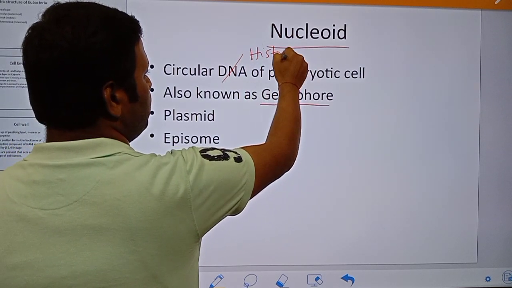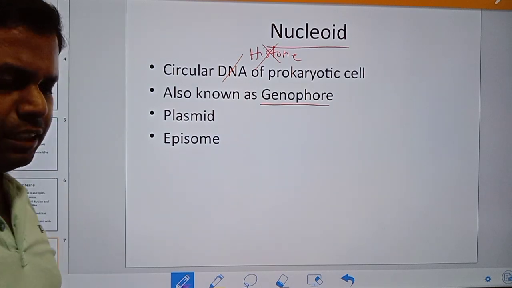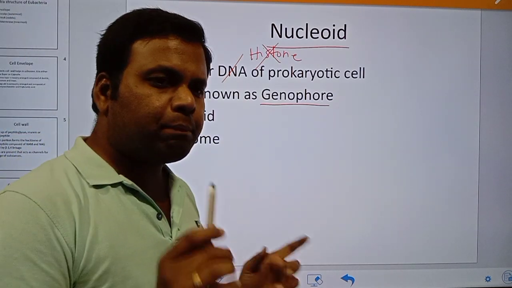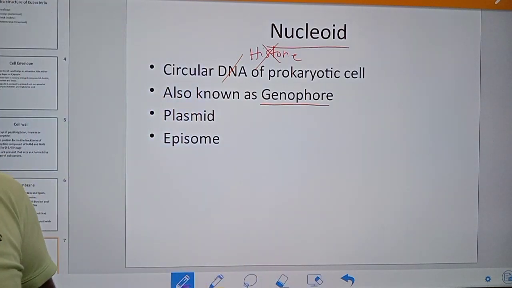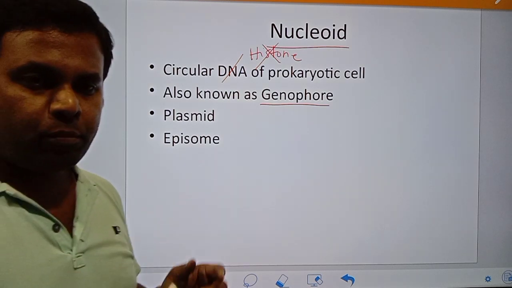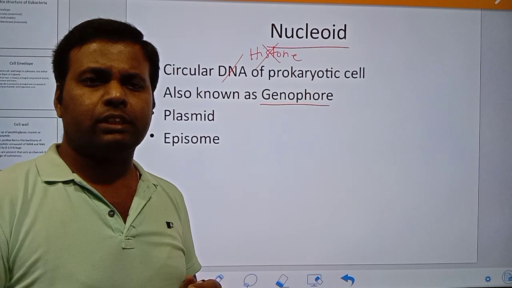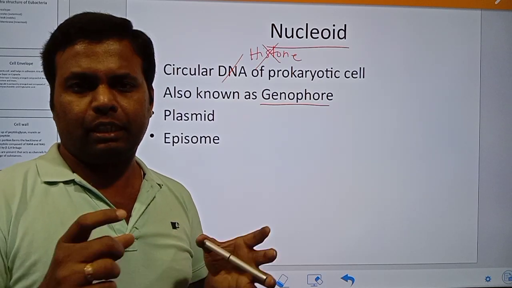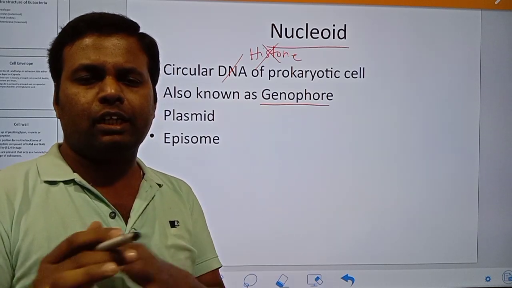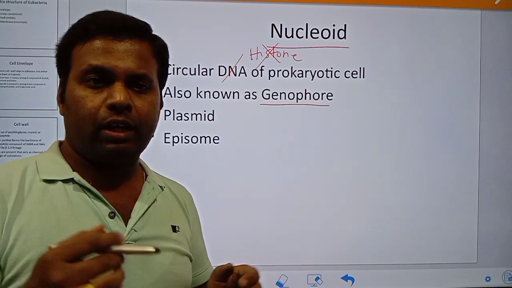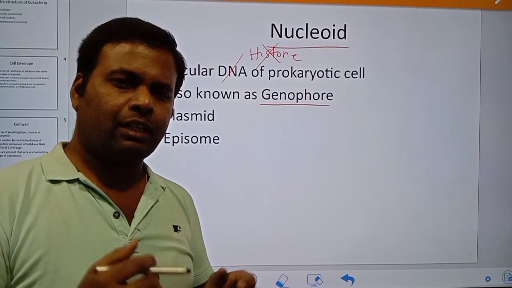This circular DNA or nucleoid does not have any histone. These histone proteins are absent in the DNA of the prokaryote. So what are histone proteins? Histone proteins are basic proteins normally associated with DNA, and in eukaryotes they remain associated with it.